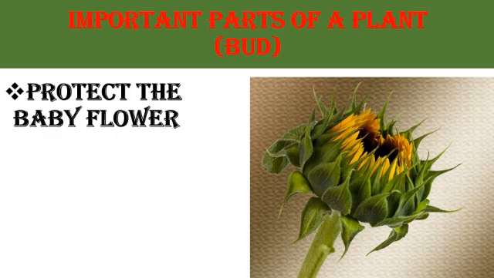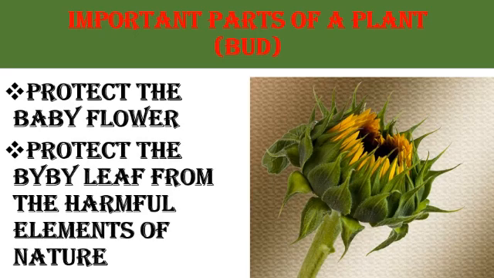Buds protect the baby flower, or we can say buds protect the baby leaf, you can see here baby leaf, from the harmful effects, or we can say from the harmful elements of nature.